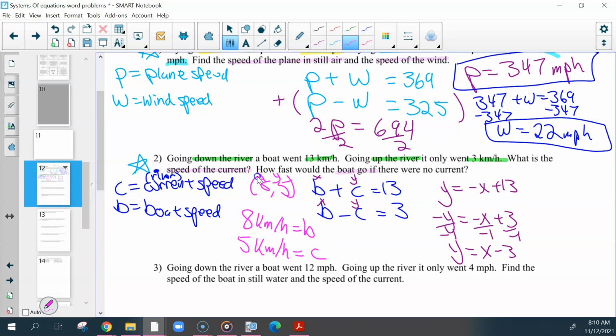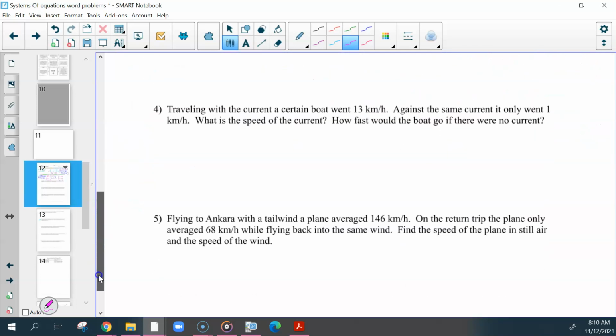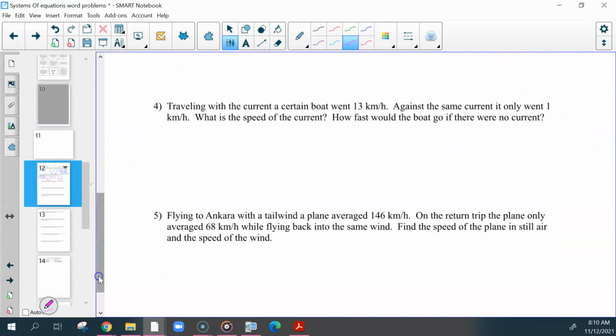To quickly recap, if you're dealing with planes and speed, with the wind is plus, into the wind is minus. If you're dealing with boats, down the river is plus, even though that sounds opposite. Up the river is minus, you're going against it. Most of these have that same wording. With the current would be plus, against, minus.